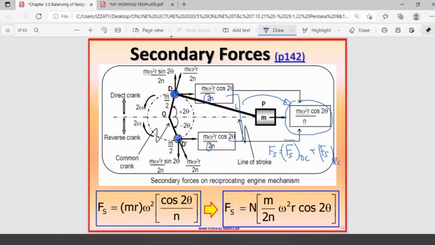Of course, this is in terms of vector. The equation that you have been using in the inline engine turns into this one. The only change is that it is multiplied by n and divided by 2. The rest of the equations do not change.